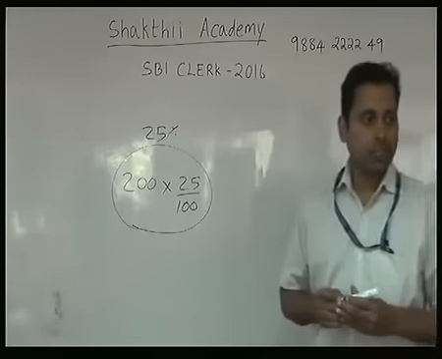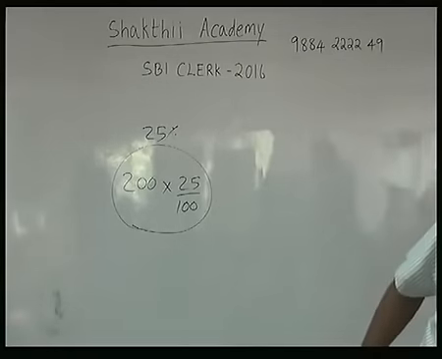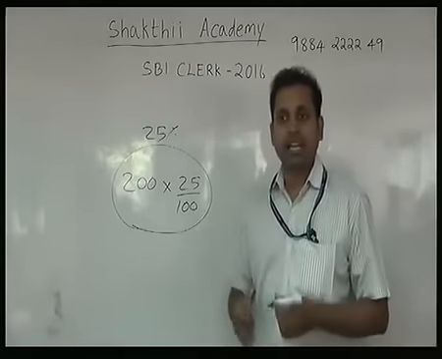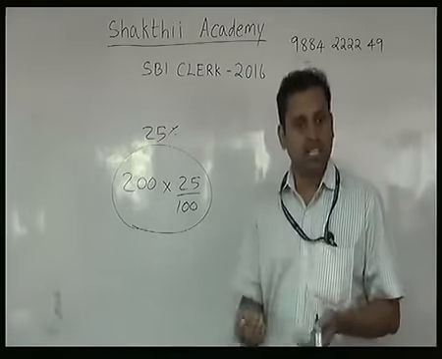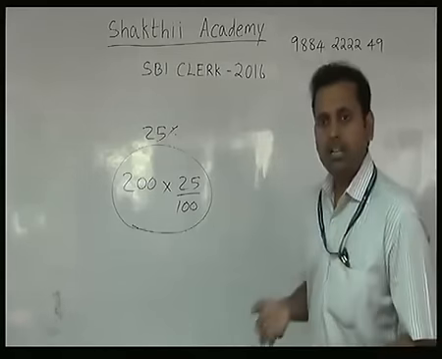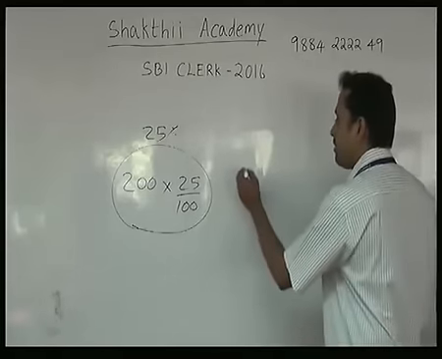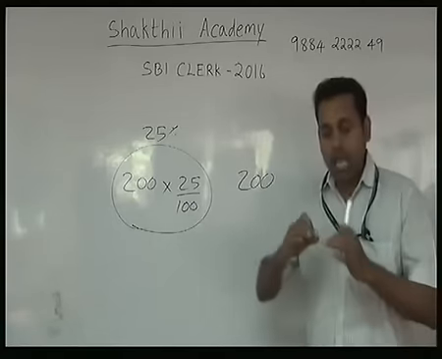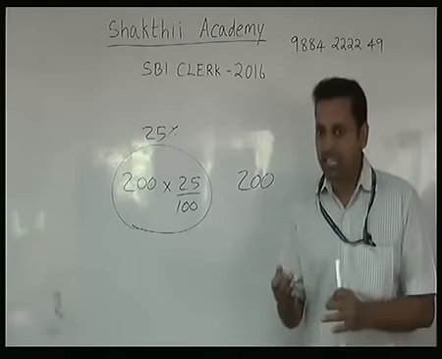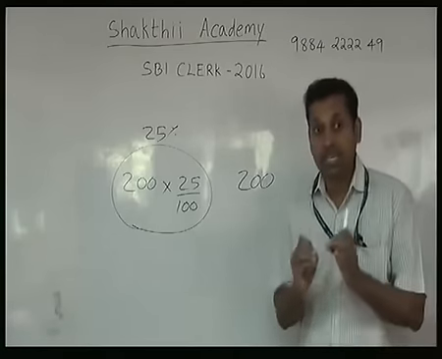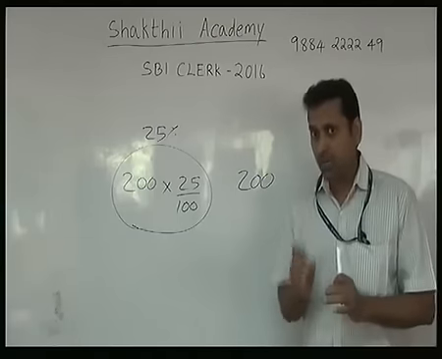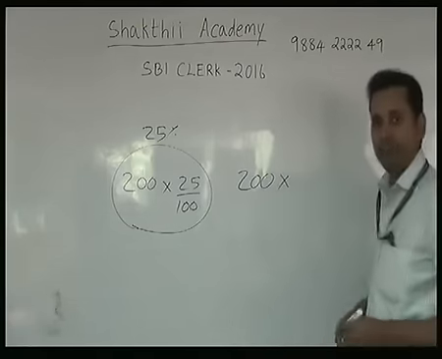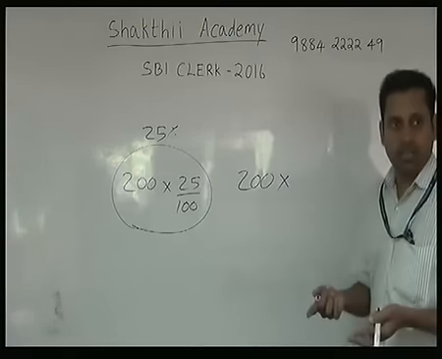But I want to calculate directly what the value is after the 25% increase. For that, what you need to do is very simple. The same number 200 I am writing here. I will multiply with 125, that's all.